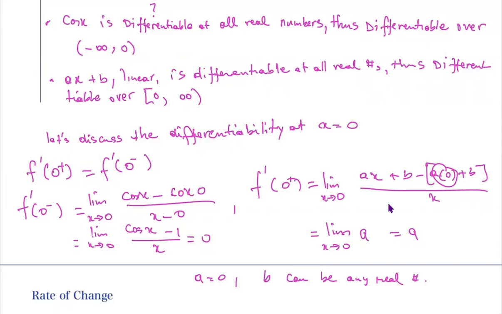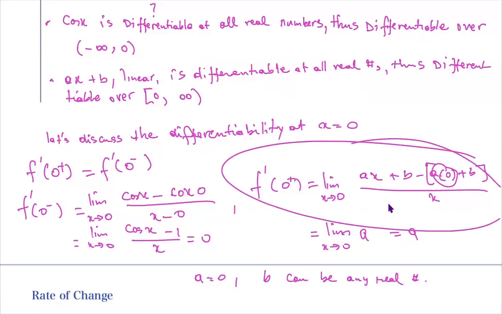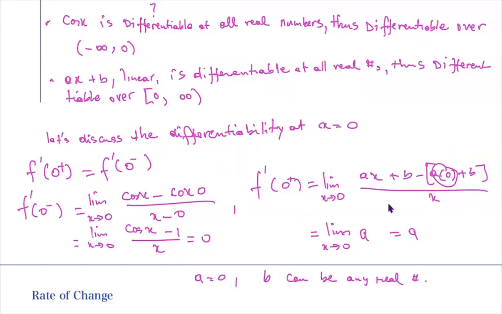Okay, so there was a mistake here. We're going to fix it. That was not an a, that should be x, because that's x minus 0, which is x.